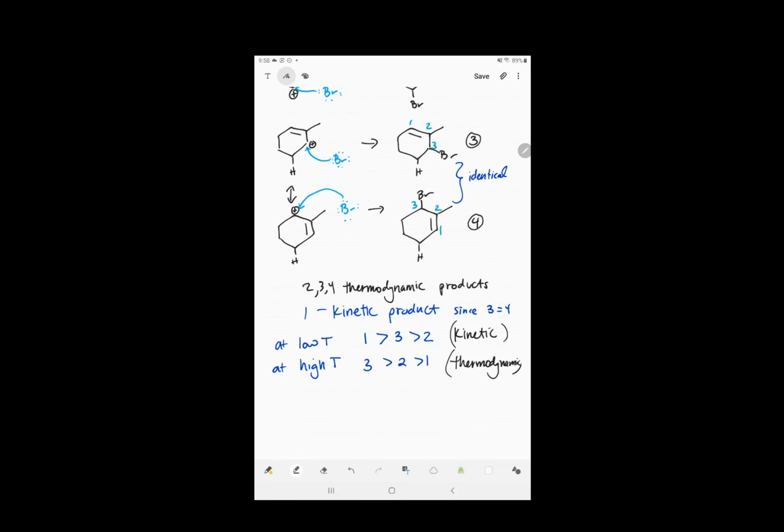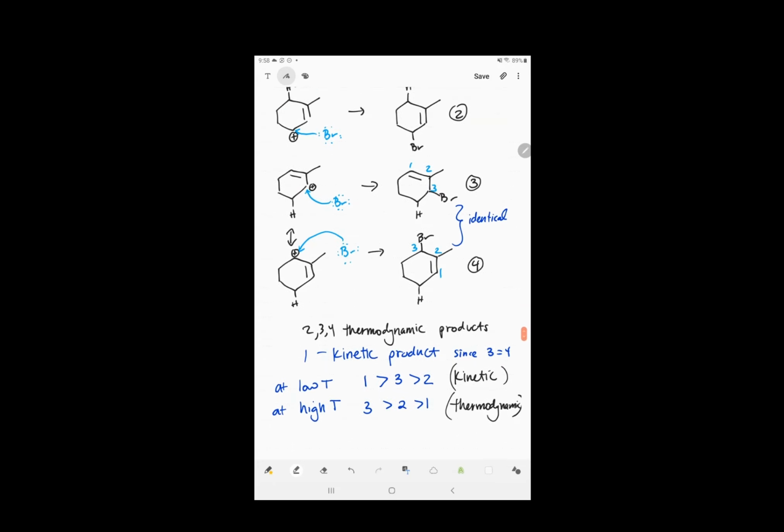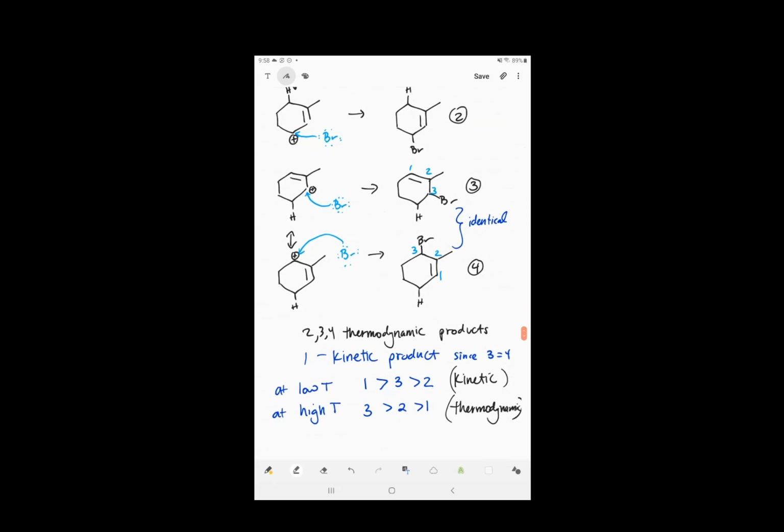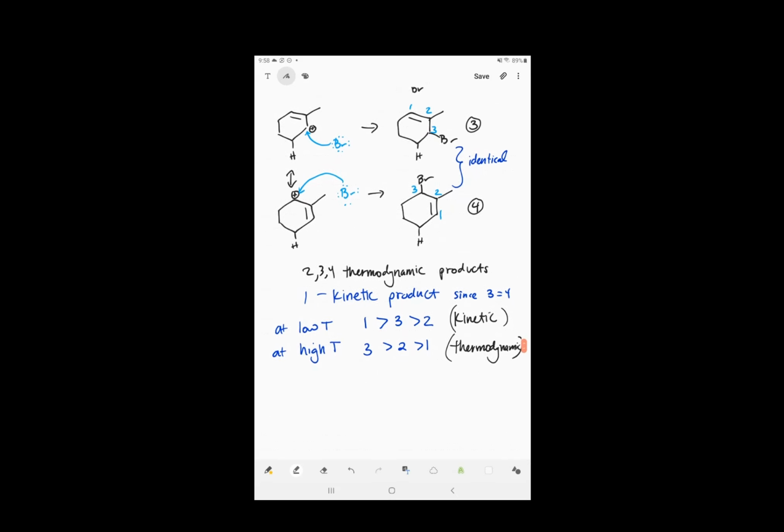So at low temperatures, you're going to see your kinetic product will always be favored over your thermodynamic product. And then at high temperatures, you're looking at thermodynamic products. So at low temperatures, which one is the best kinetic product? At high temperatures, which one is the best thermodynamic product? And so, again, the kinetic product comes from the most stable intermediate. For carbocations, we're looking at tertiary over the other two.